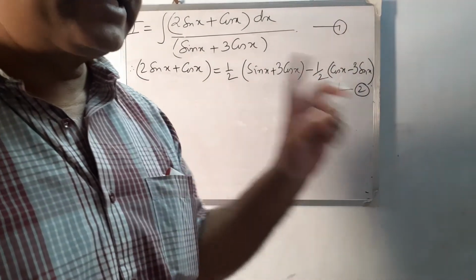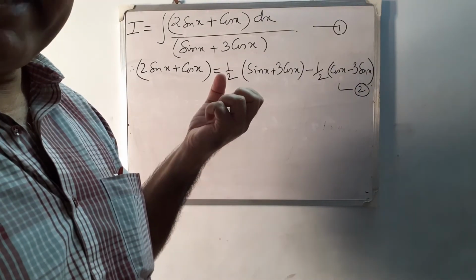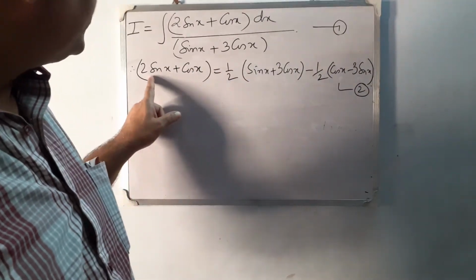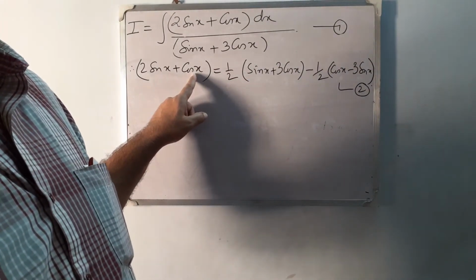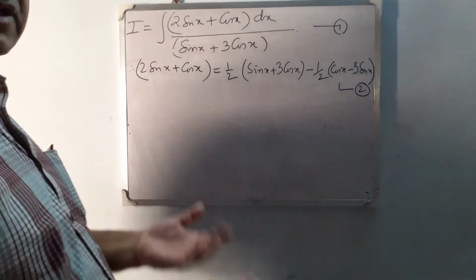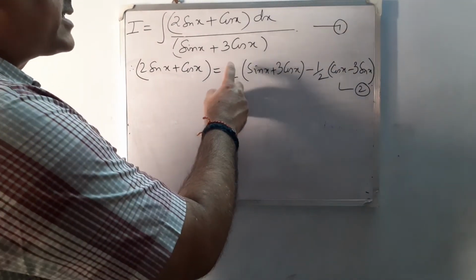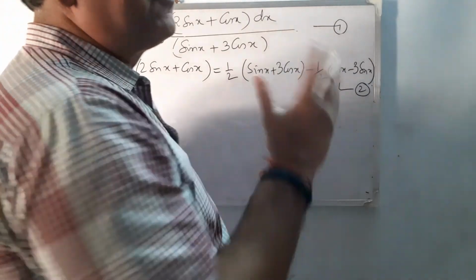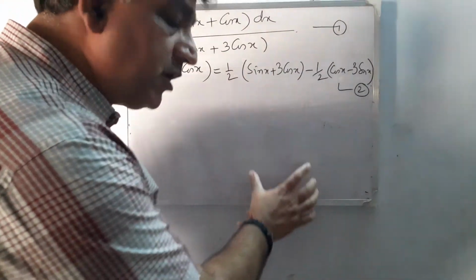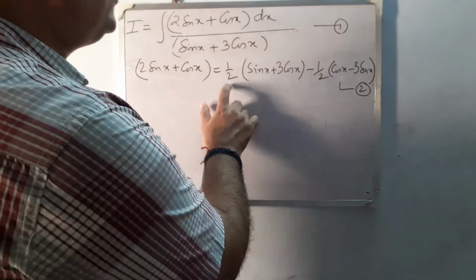So 2 cos x, 4 sin x. You can take 2 common, 2 and 2 cancel out, and you will get 2 sin x plus cos x. At first we are unable to understand how this half and minus half will appear, so that's why we perform this act, so that we get the values of L and M.